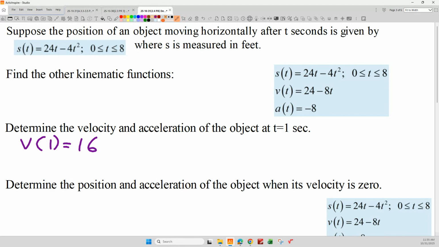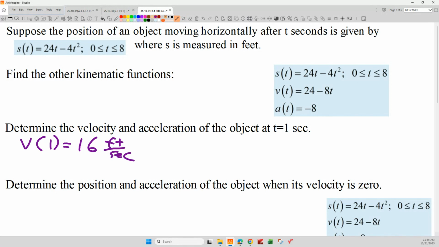So after 1 second, what does that tell you about the object moving horizontally? Which way is it moving? To the right, positive direction, with a magnitude of 16 whatever. And we're measuring t in seconds and s in feet. So what would the units be? Feet per second.